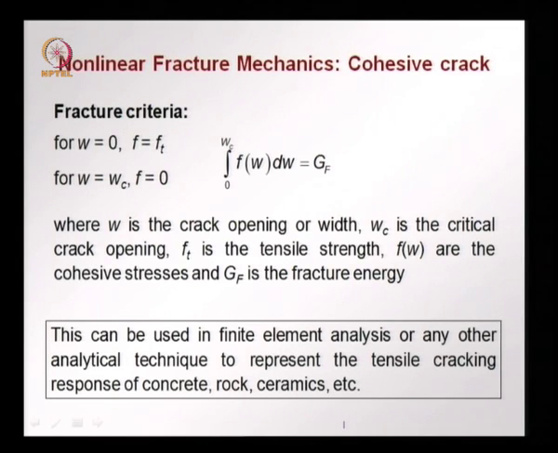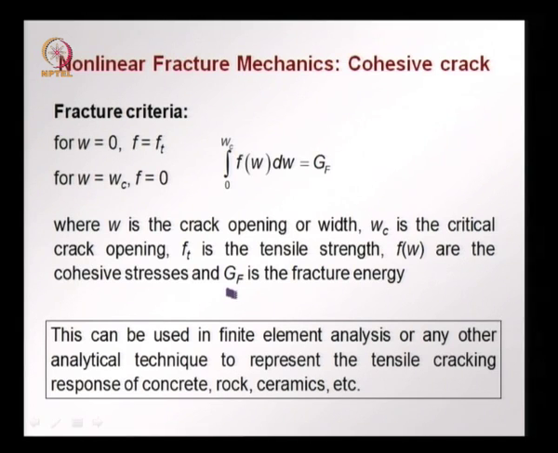Far away from the crack tip at a distance where we have a crack width equal to the critical crack opening, W equal to Wc, there is no more closing stress or cohesive stress. And then we see that the integral of the closing stresses as a function of the crack width integrated between 0 to Wc is called the fracture energy.